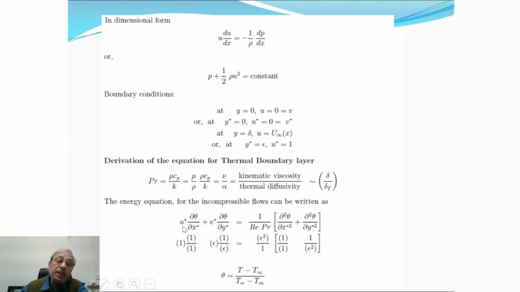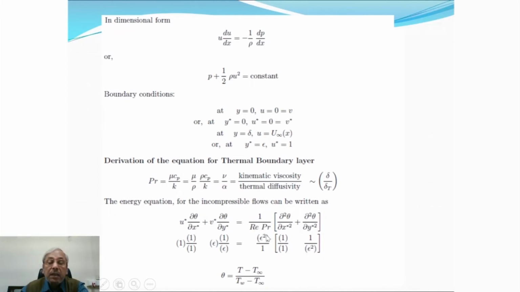In the order of magnitude analysis, U star is of the order of 1, theta of the order of 1. We have seen the maximum value of theta can be 1, minimum can be 0. X star order of 1, V star order of epsilon, del theta order of 1, del y star order of epsilon. And del theta del x2 again 1 by 1, del theta del y2 1 by epsilon square.